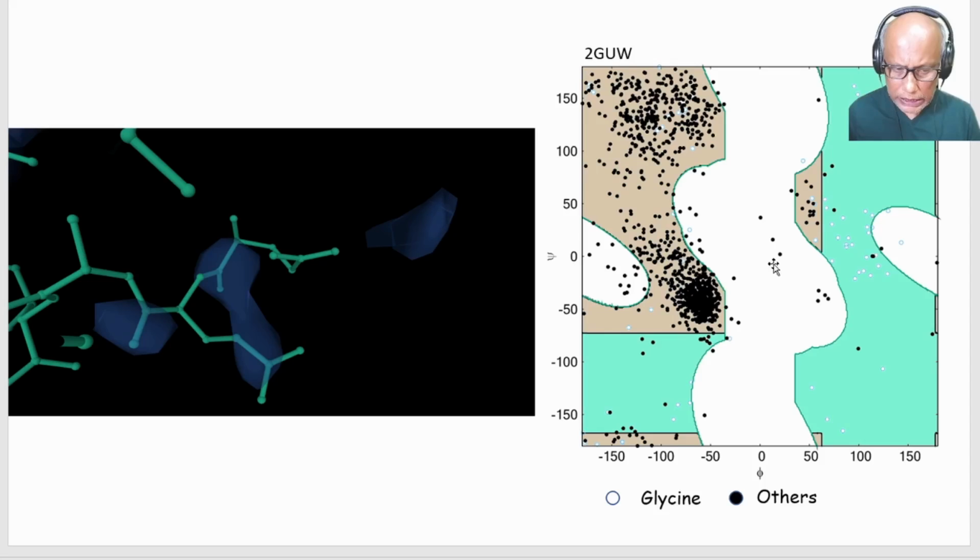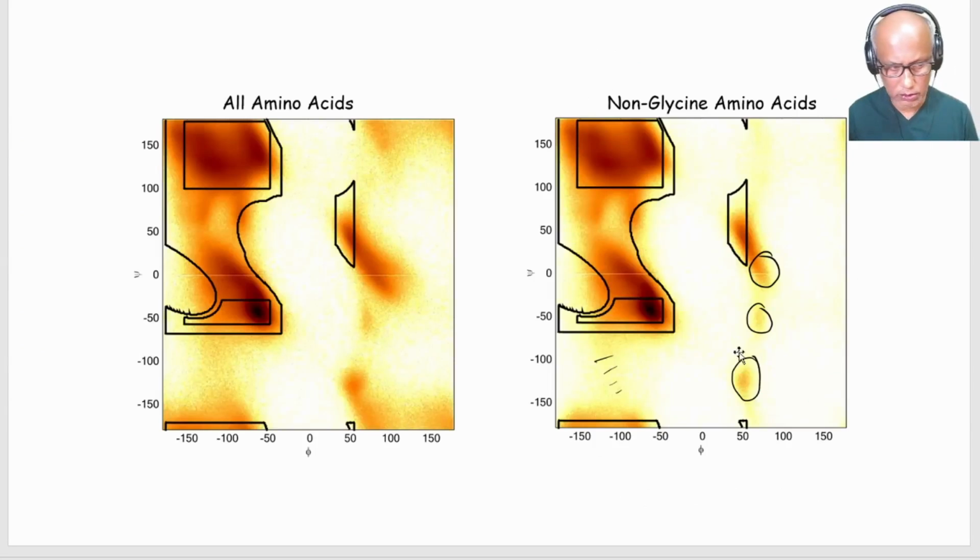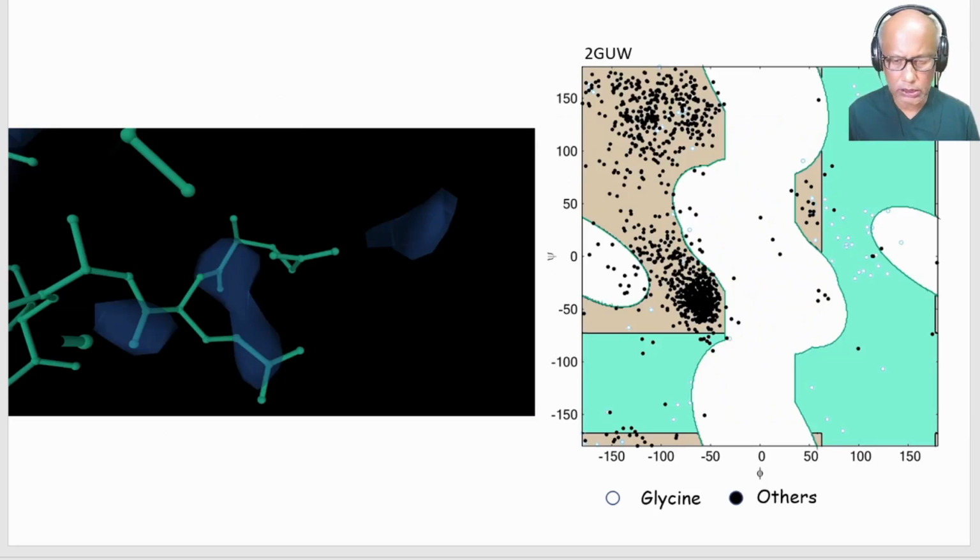Of course, all of this data is there in the databases, which went on to make this plot out here. So obviously, these sorts of errors are going to contaminate the database and create problems for further analysis. In fact, nowadays it is mandatory that we validate the structure that we have determined by crystallography, and one of the most important tools of validation is the Ramachandran map.